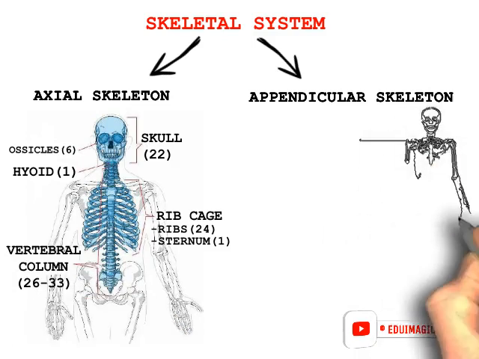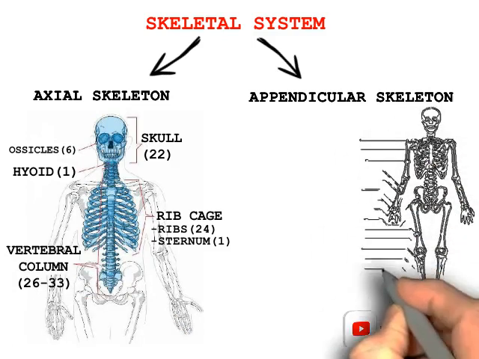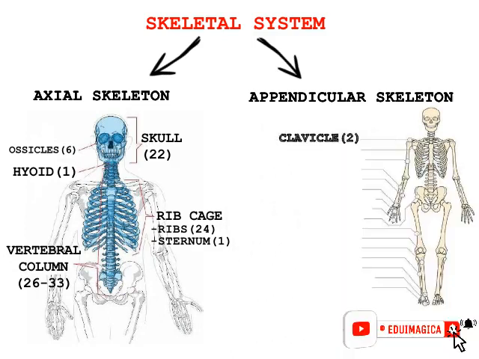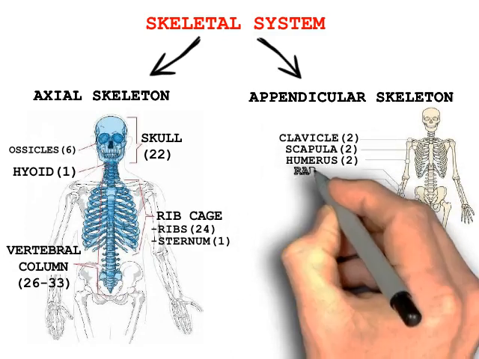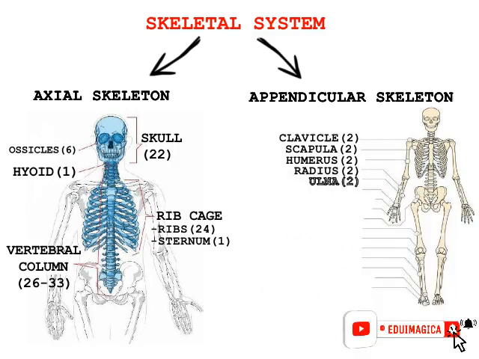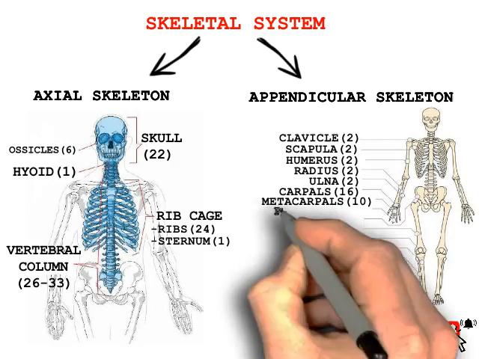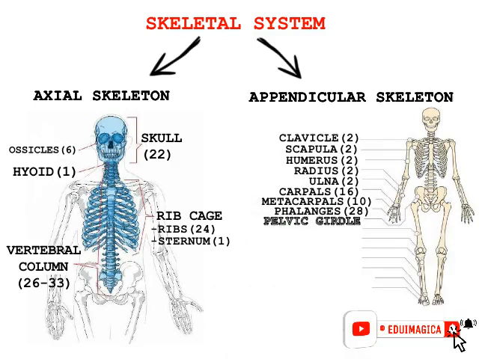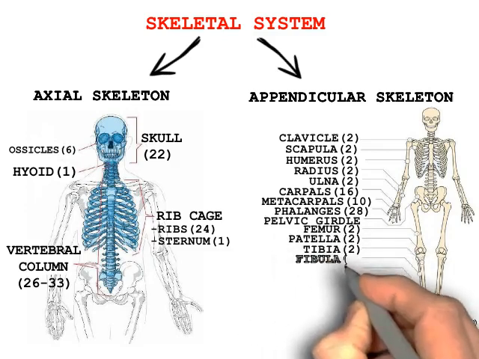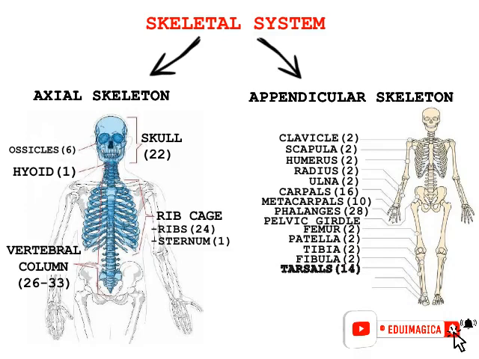Now let's take a deeper look into the appendicular skeletal system. It includes the forelimb, hind limb and the pelvic girdle. We have the clavicle, scapula, humerus, radius, ulna, carpals, metacarpals, phalanges. And we have the pelvic girdle, the femur, the patella, tibia, fibula, the tarsals, metatarsals and phalanges as well.